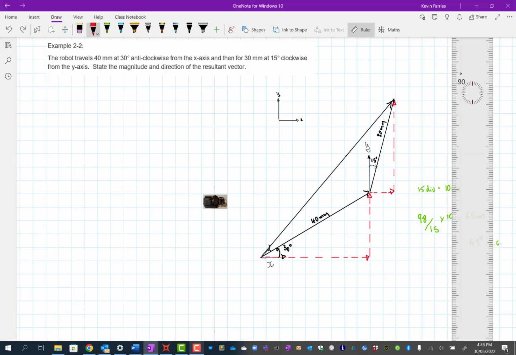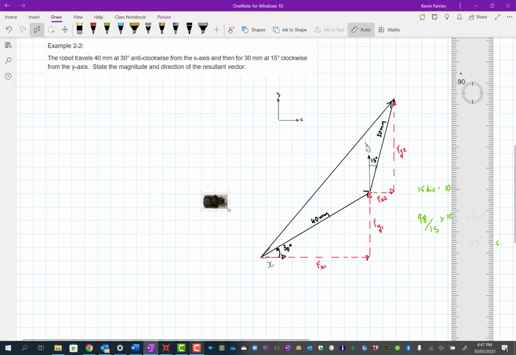Okay, so let's give these some names first. We'll call this vector 1 maybe. And so we'll call this x1, x2, y2, because that's the y direction. y1 is the first vector. x2, the x component of the second vector. y2.